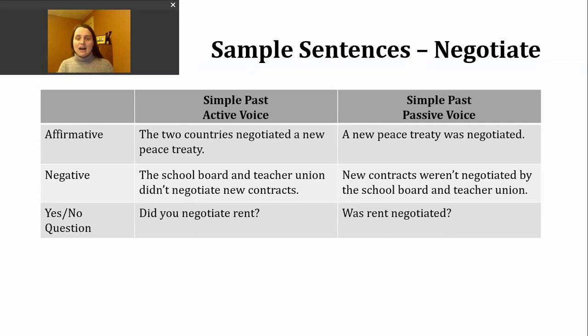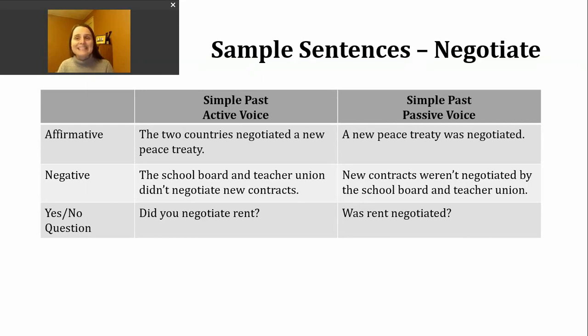So again, I didn't mention this before, but you'll hear many times here, native speakers combine did not into the contraction didn't. Now, if we want to make the same sentence in the passive voice, I'm going to use either was not and the participle form of the verb, or were not and the participle form of the verb.